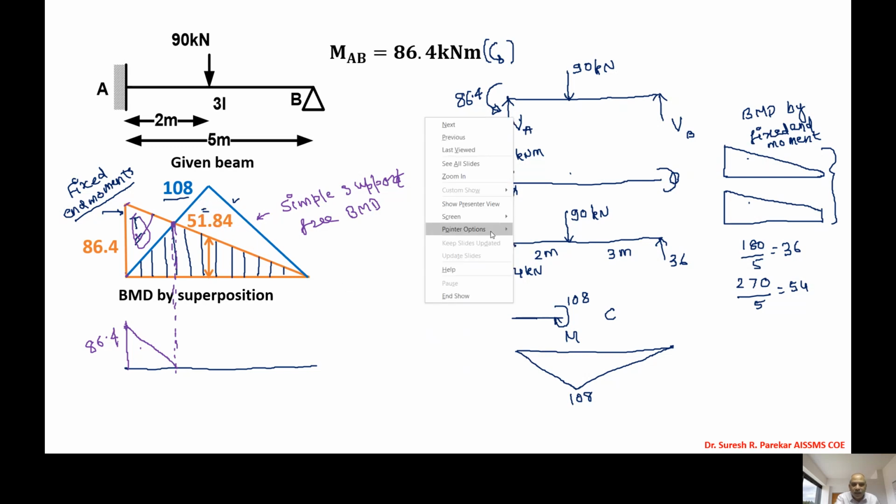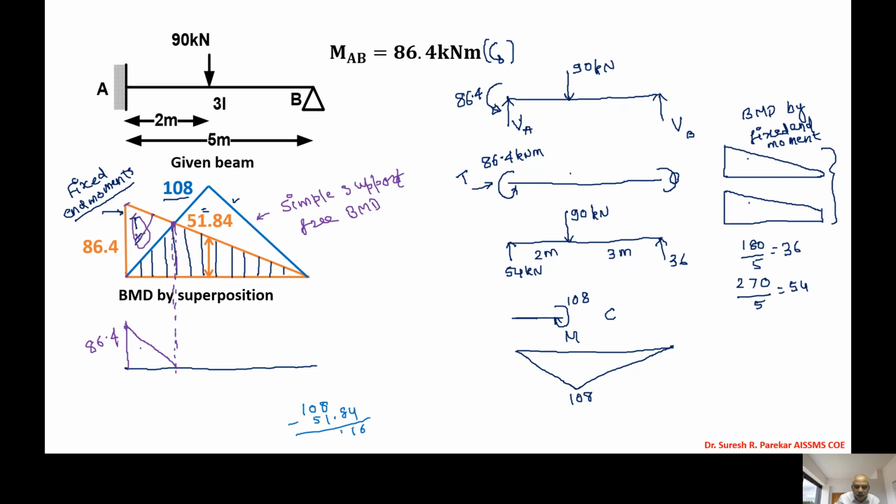And now from this we can find the net value under the load. The net value under the load will be 108 minus 51.84, and from this we will get 56.16.